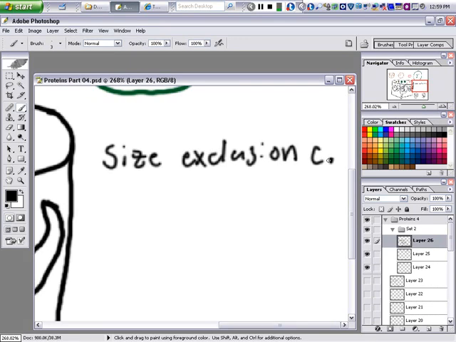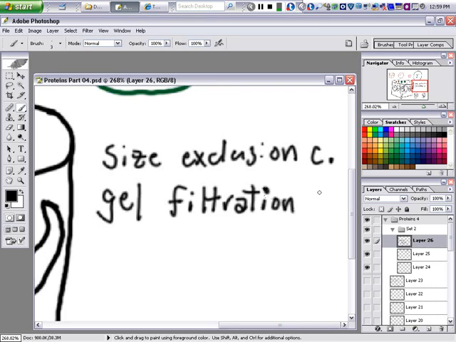That's one name. We also can call it gel filtration chromatography. And so all these beads make a gel, and these gels can filter your very large materials and trap the very small ones.